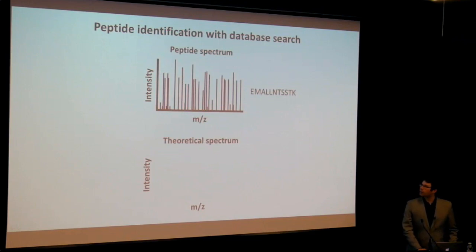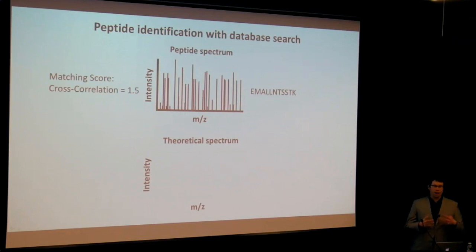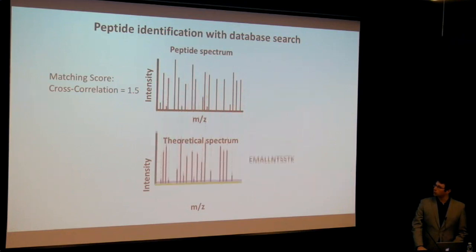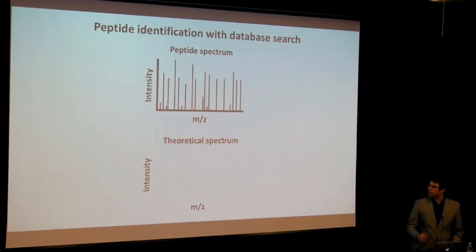And what happens is that when we align them, we're going to try to compute some sort of matching score or confidence score. The one that is the most often used is the cross-correlation score. And we'll see here, well, it's a pretty poor match, so it obtains a low score, so we'll move on, and we'll try to match it against other theoretical spectra from our database, and the next one should be coming.